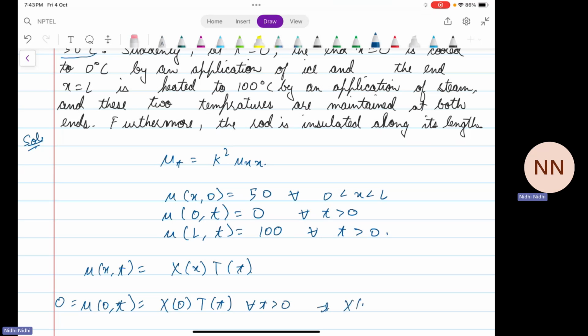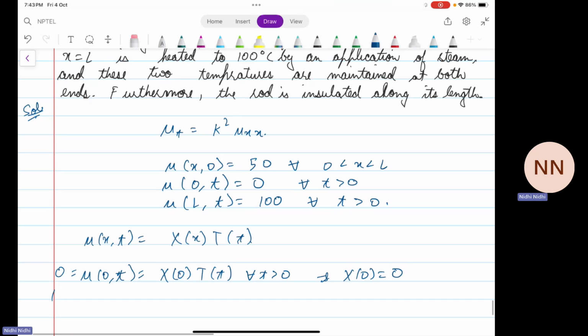This implies that X(0) is 0, but on the other boundary condition we do not have 0. So this is X(L) times T(t) for every t positive. This does not imply that X(L) is 0, and hence we cannot use whatever we were doing earlier, because here we won't be getting a trivial solution in the case of lambda being 0 and positive. So we cannot use those methods.